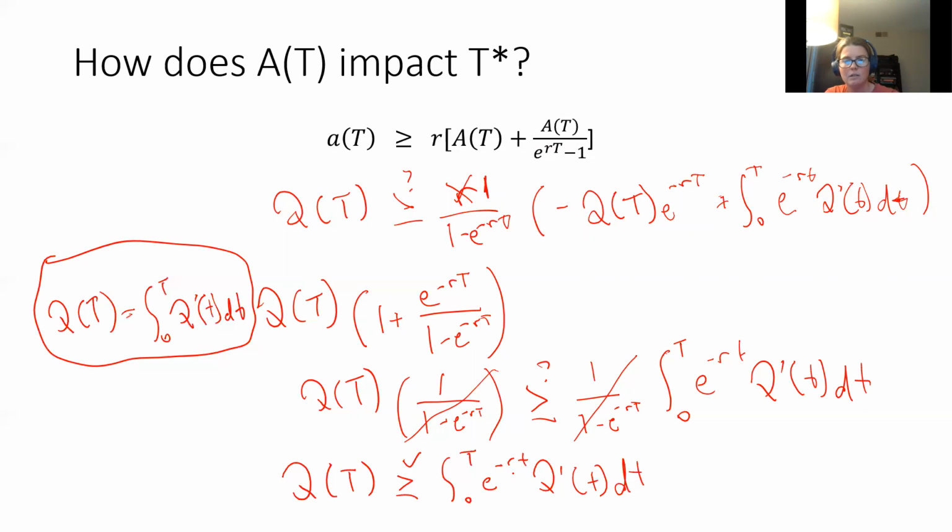But on the right-hand side, we're multiplying the derivative of Q(t) by this thing, which is always going to be less than or equal to 1. It'll be 1 if r is 0, but for any positive interest rate or discount rate, this thing will be less than 1. And so we're guaranteed for this Q cap T to be larger than this term.